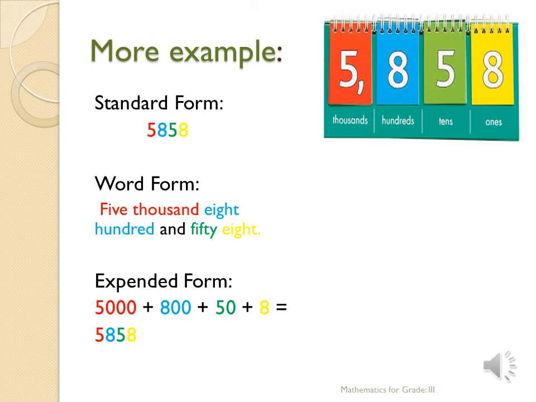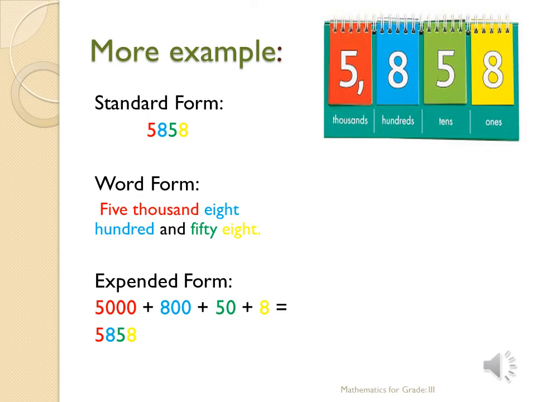Then look at the green box. In the green box, we have 5. Now, the value of that 5 is 10. We know 10 is a 2-digit number. So, here we write 5 and add 1 zero to make it a 2-digit number. It becomes 50.